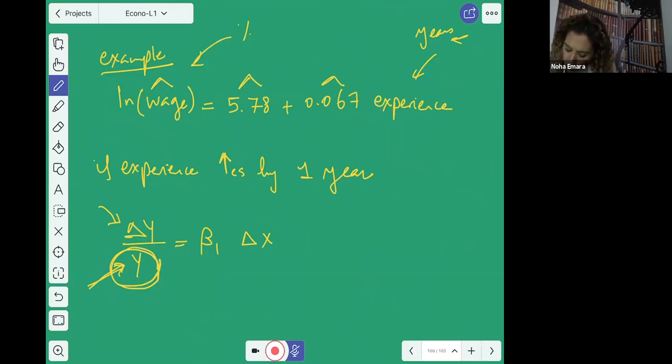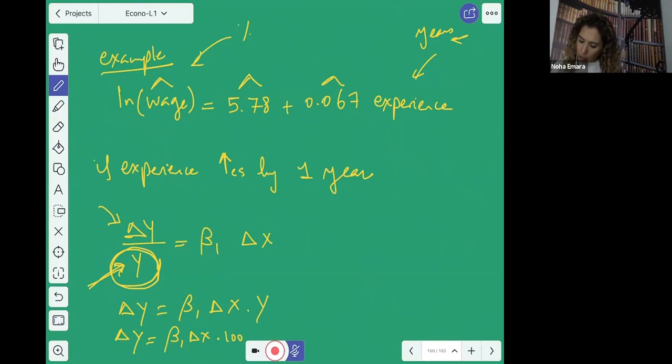So I can actually write it this way: the change in y is equal to beta 1 change in x times y. And I can make it easier and write it this way: the change in y is equal to beta 1 change in x times 100. Or I prefer to write it this way: the change in y is 100 beta 1 change in x.